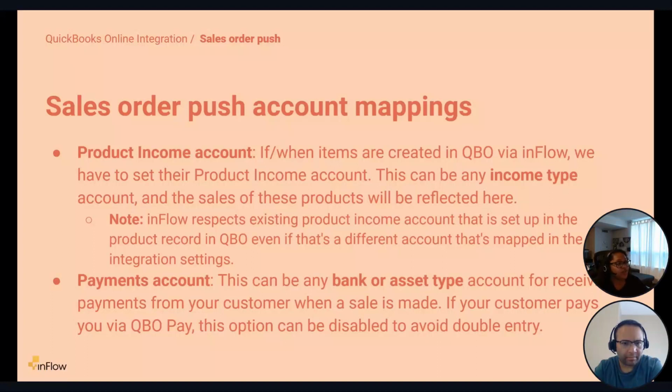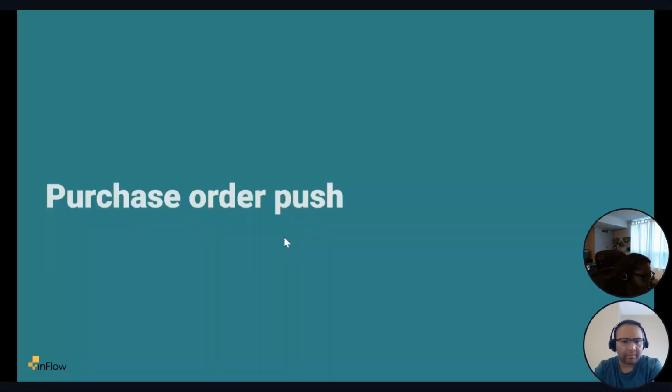It is good to note if you do have any existing products that live in QBO that have a product income account that's already mapped, we will respect the existing mapping for QBO. So we're not going to override it with whatever you set for this account mapping here. We'll respect whatever's set up in QBO for that individual product, even if it's mapped to a different account in the integration settings.